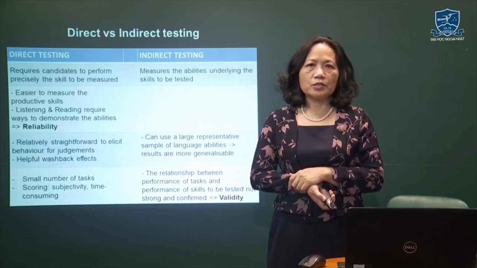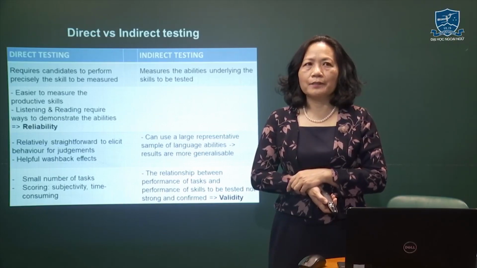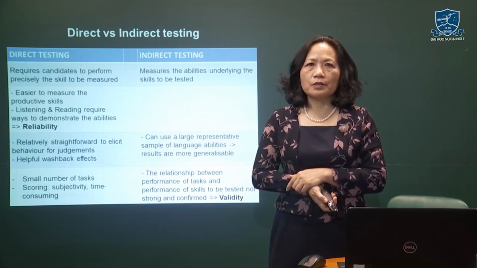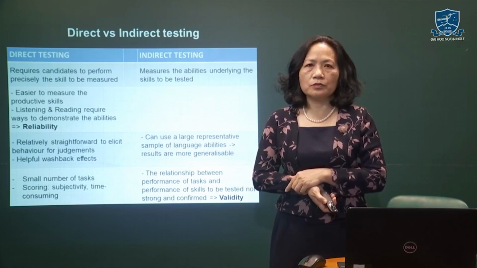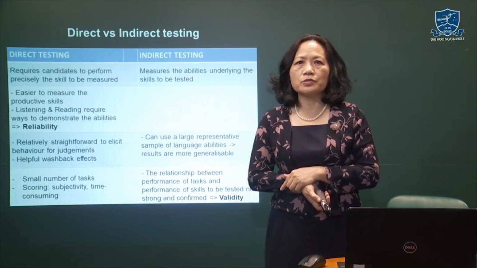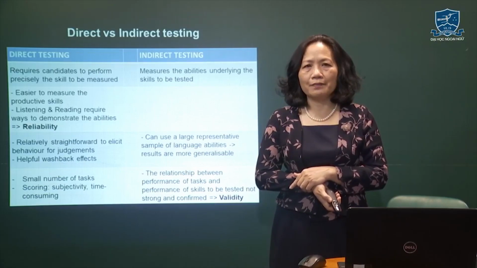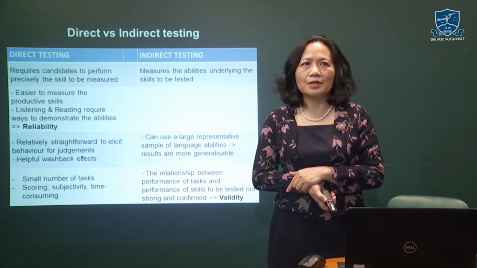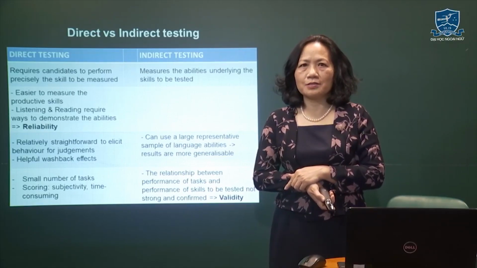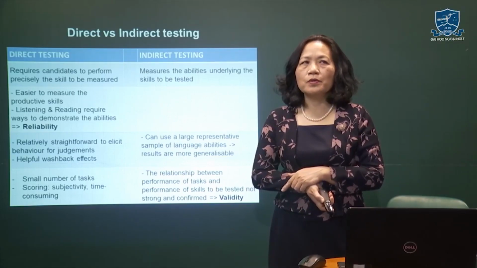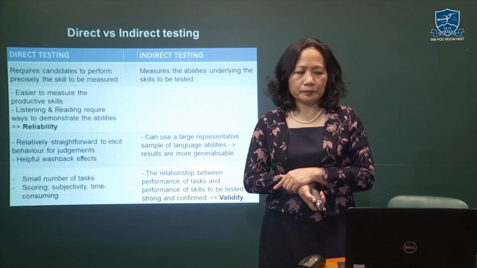But if you just use some kind of indirect testing, like multiple choice or gap-filling text, to check the students' ability to read or to write, then the students may end up doing all these indirect items, indirect tests, and they will never practice writing or speaking.